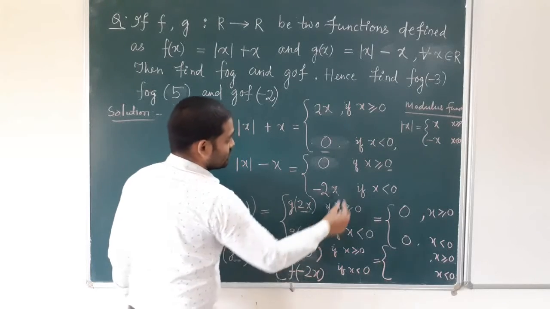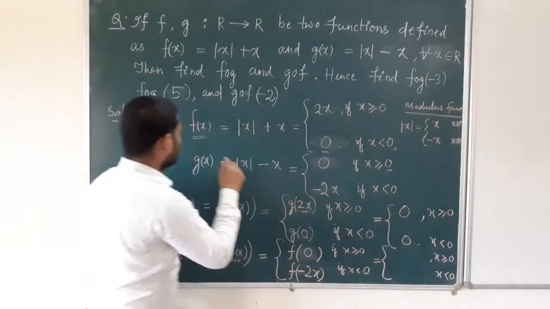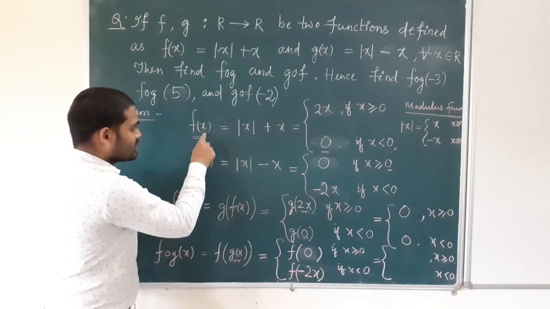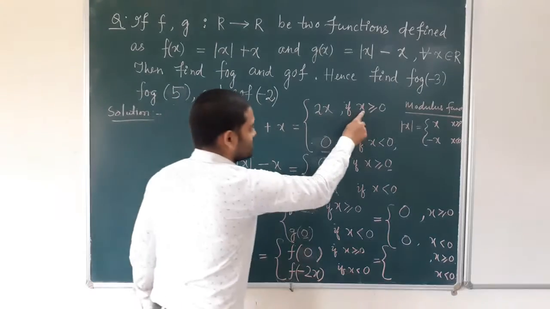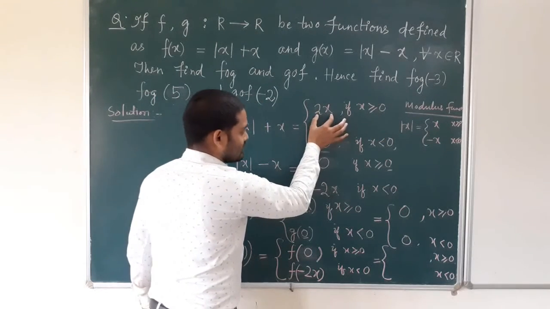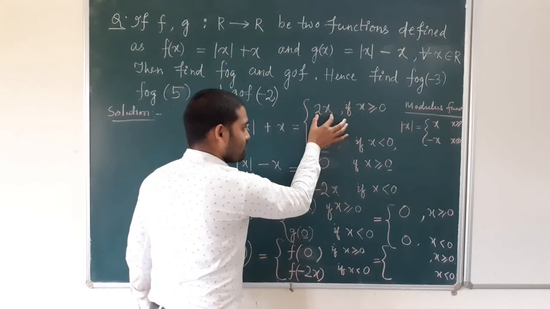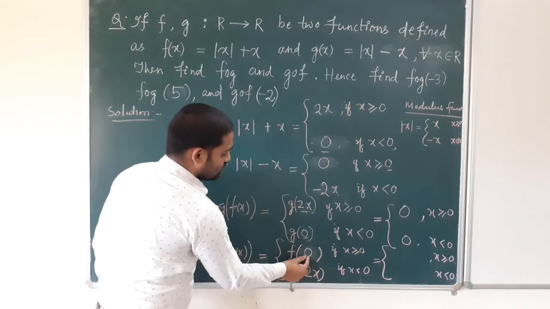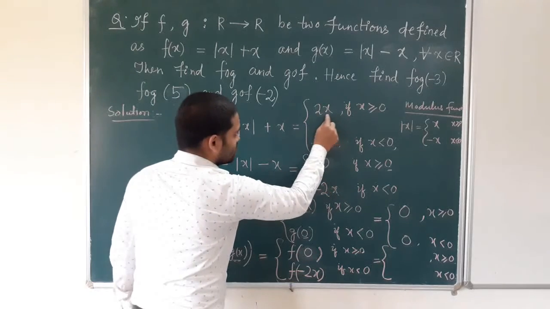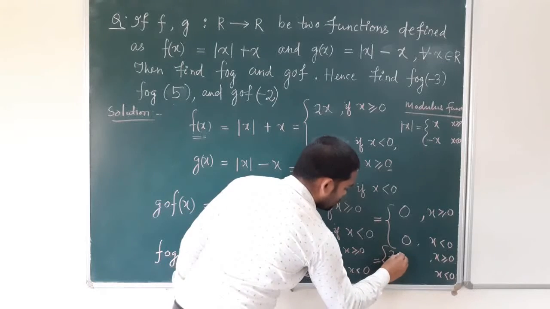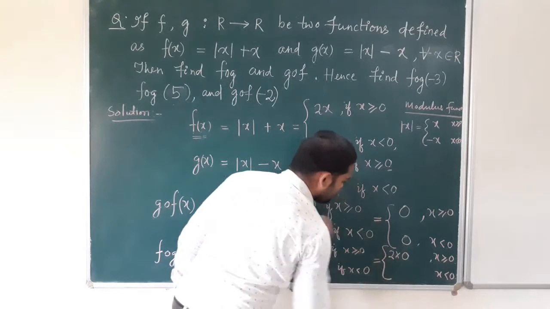For the f of x function, when we give input x greater than or equal to 0, we write 2x. Here the input is 0 already, so we use this one. So 2 into 0.